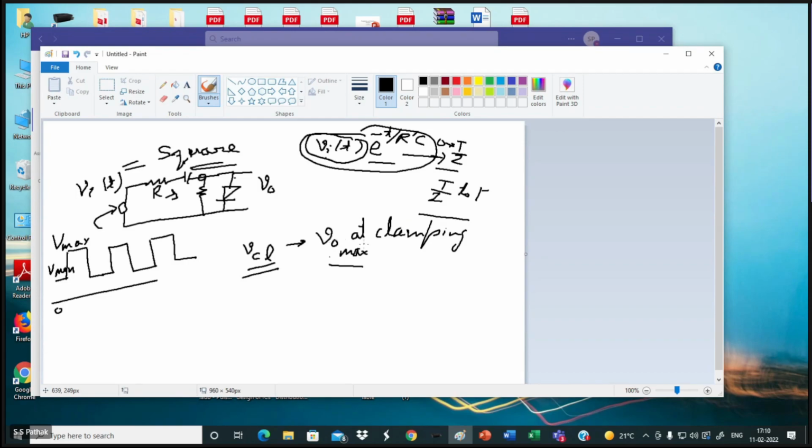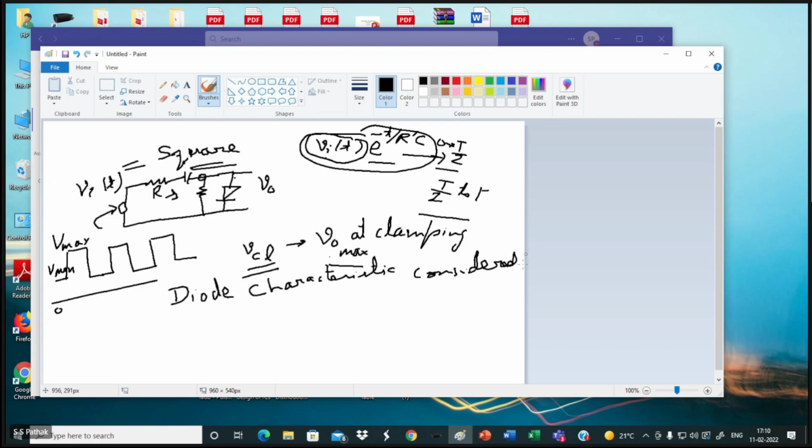VCL, V naught at clamping, because the diode is there, I am going to take the diode characteristic into consideration. Read it carefully, because in basic electronics you have read it. If there is a doubt, you can ask. Diode characteristic is considered.